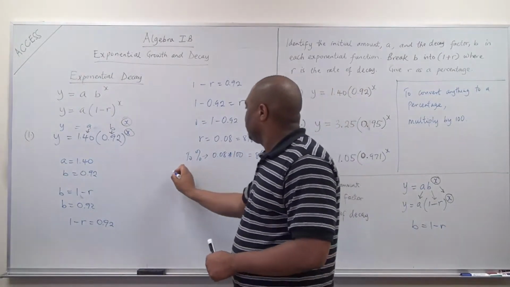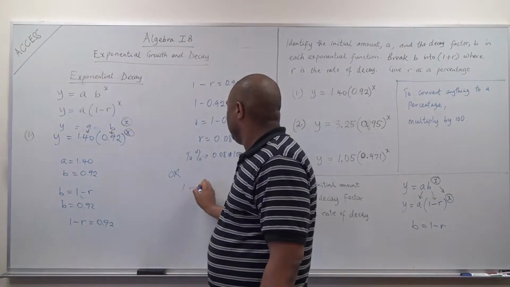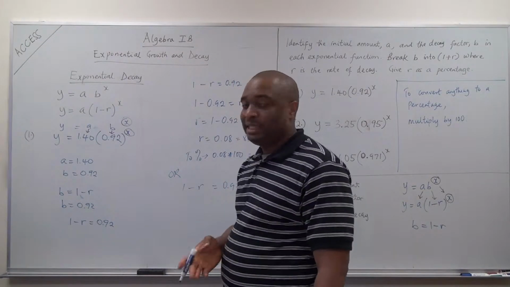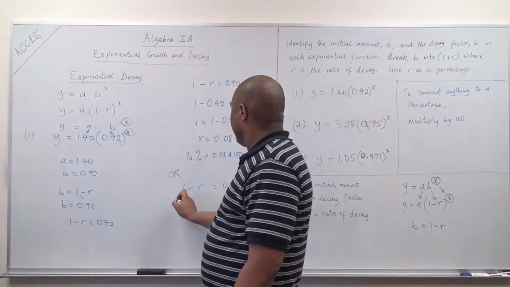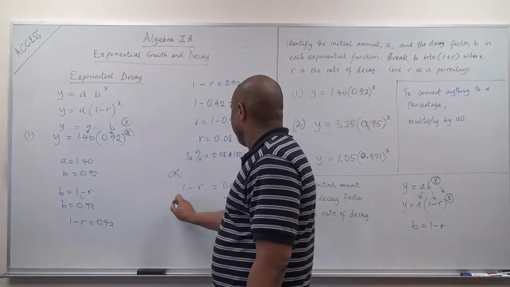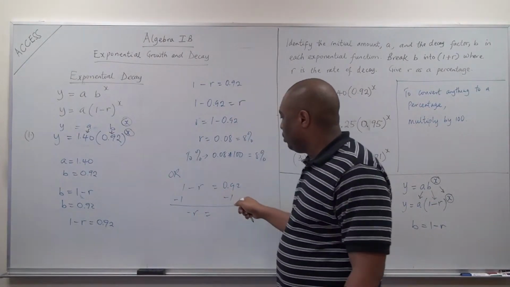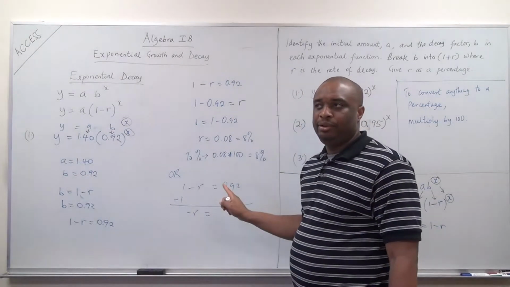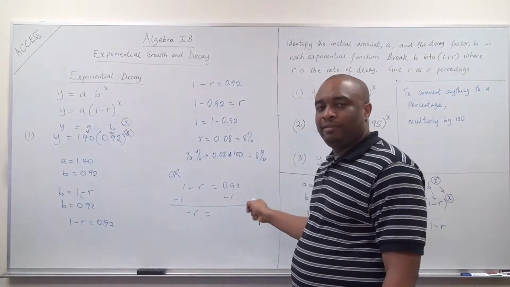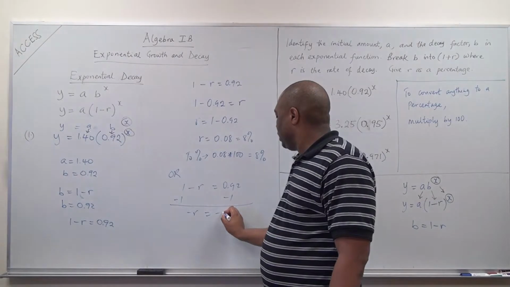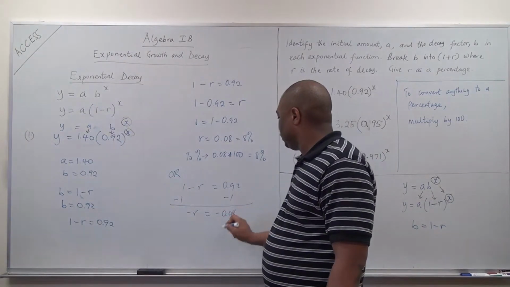Another way you can do this to find R, this is the way some of your teachers will do it. They will come here and do minus 1 here, minus 1 here, and you have negative R equal to, of course, you have 92 cents, but you owe $1. That means you owe 8 cents.